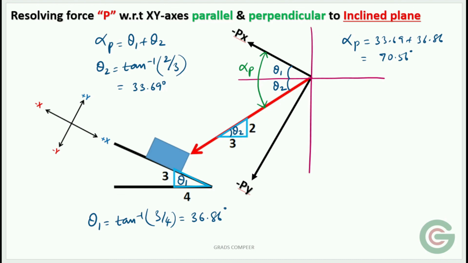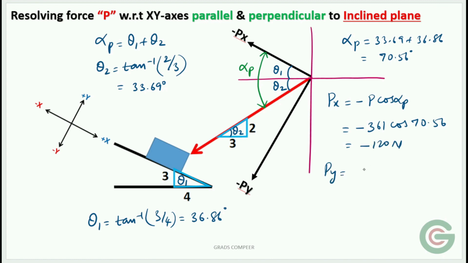So once we got this value of alpha P, now we can find Px and Py. Simply Px is equal to minus P cos alpha P, which is nothing but minus 361 Newton cos 70.56. So Px will be equal to minus 120 Newton.